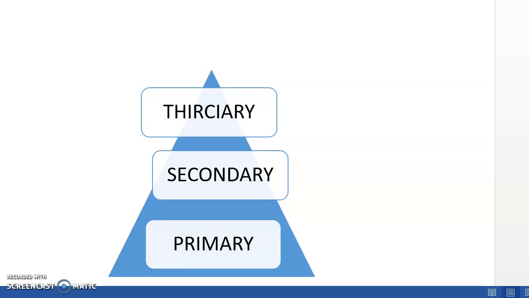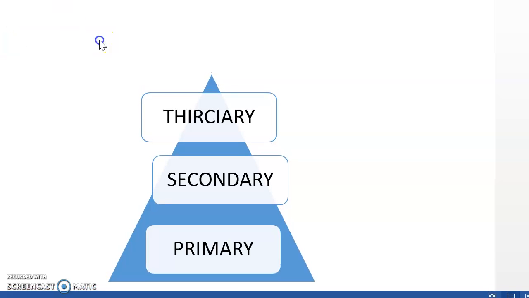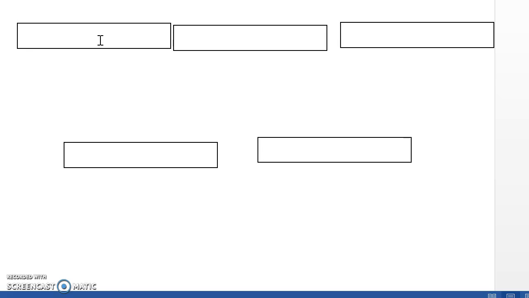So we're going to go up a little bit here, and I have a food web made out in the food chain. So we're going to start with the food chain part. So we're going to start over here with a producer.